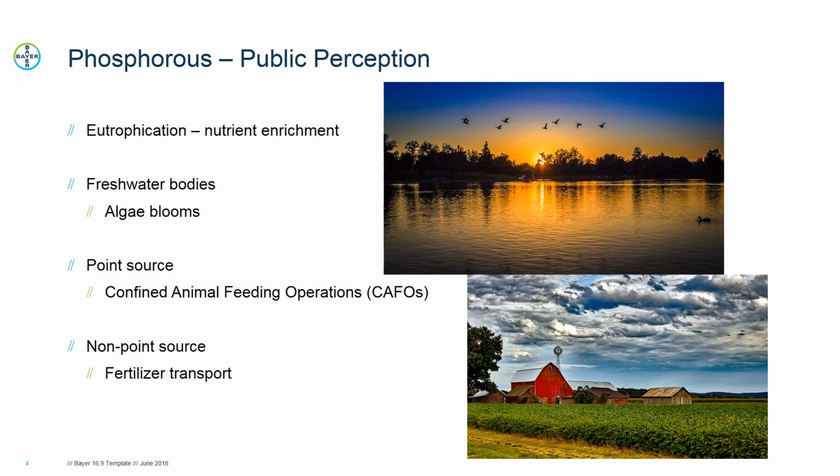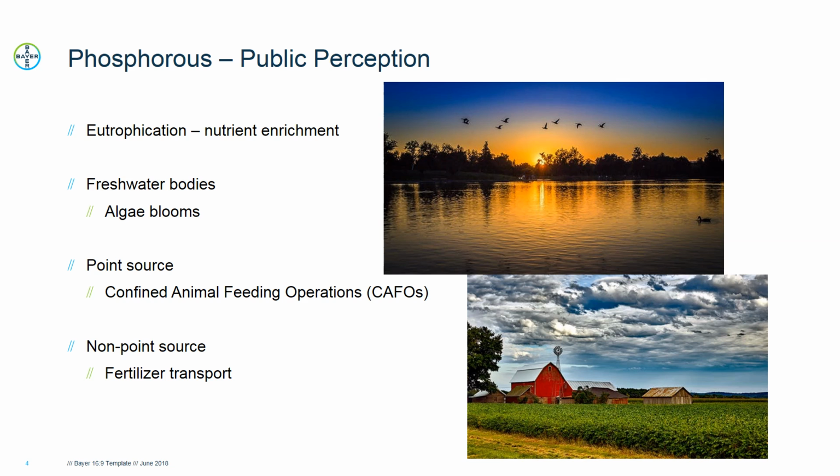The first is point source pollution. Point source pollution can be thought of, in the context of phosphorus, as a highly concentrated area of phosphorus, such as in a confined animal feeding operation, or CAFO, where there are vast amounts of manure generated.